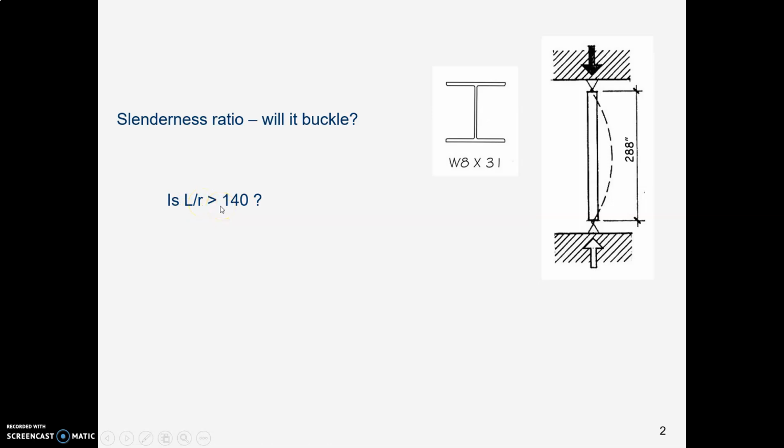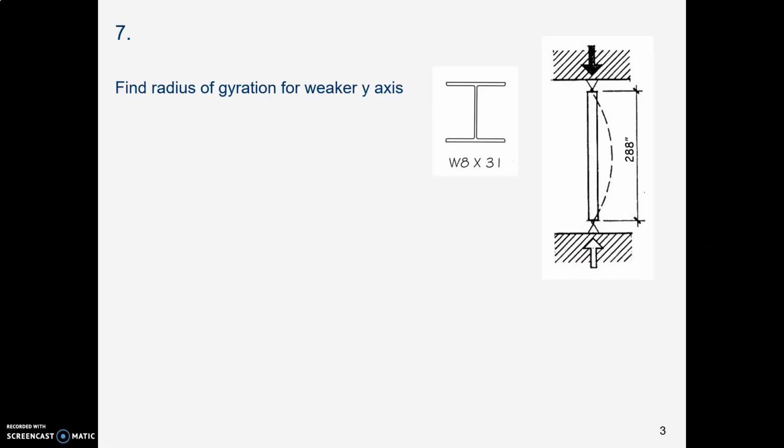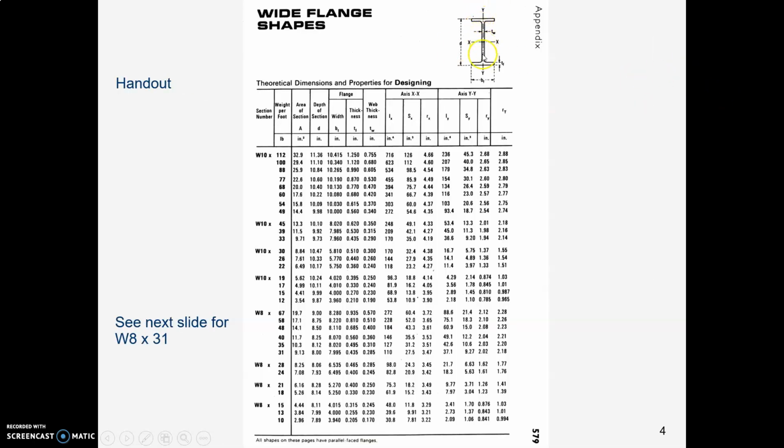And if it's greater than 140, it will buckle, given enough load. So radius of gyration, we're going to have to look that up in our table. And we're looking for the radius of gyration around the weak direction. Where is it most vulnerable to buckling? Well, that's around this y-axis.